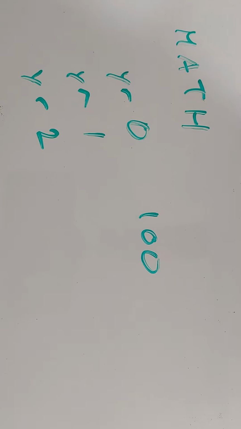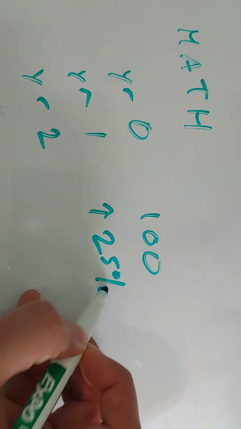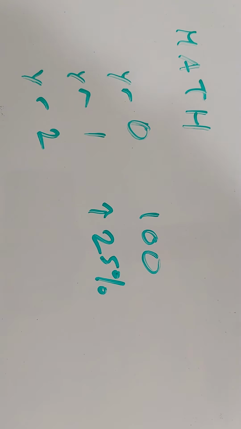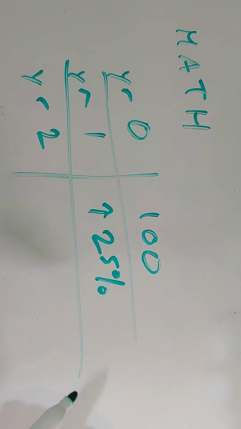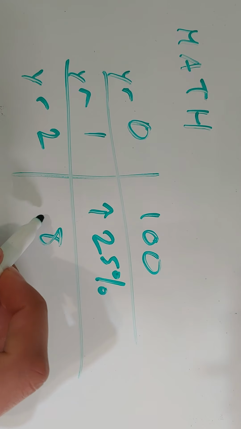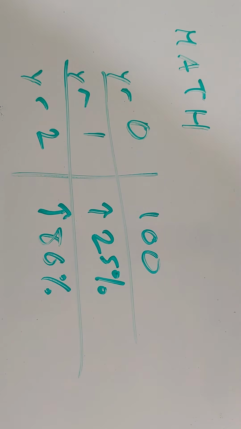After a year, the stock price goes up by 25%. Okay, so doing pretty good. And after another year, compared to year one, it has gone up another 80%. Okay, so it looks like the stock is doing pretty well.